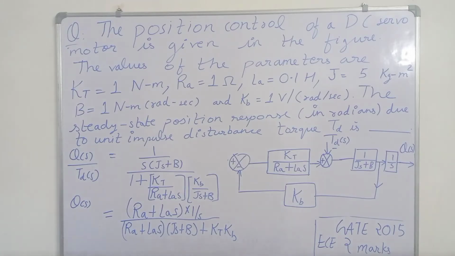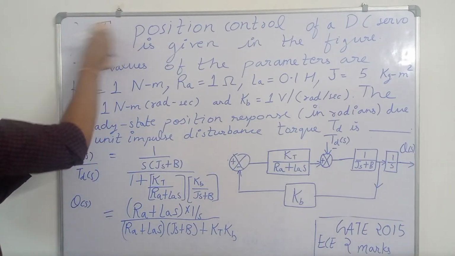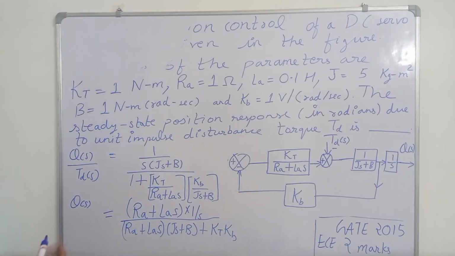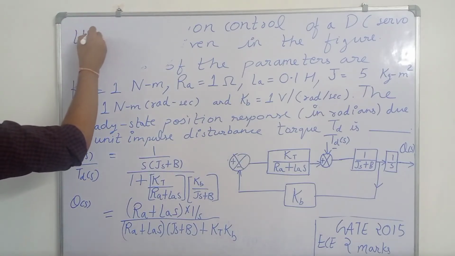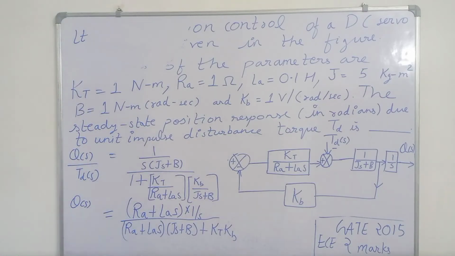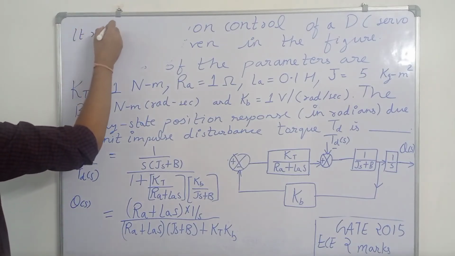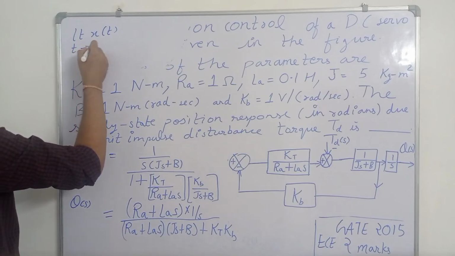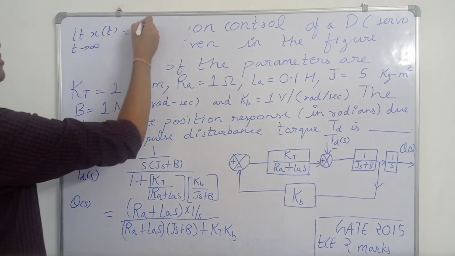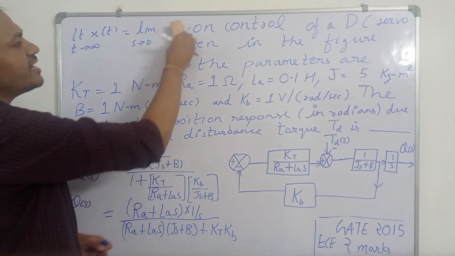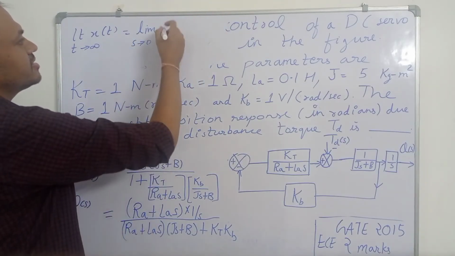Now we have to find the steady state response. For this we can apply the Laplace formula: limit of x of t as t tends to infinity is equal to limit as s tends to 0 of s times x of s.